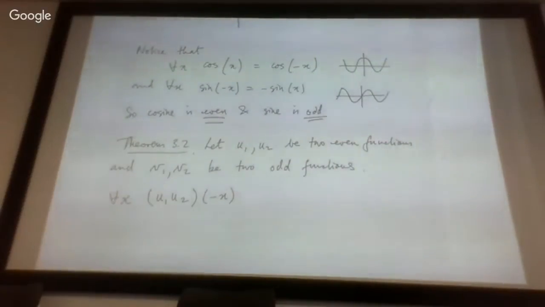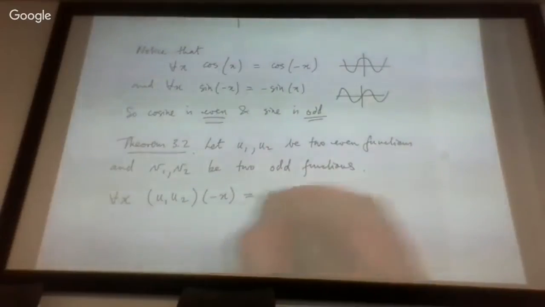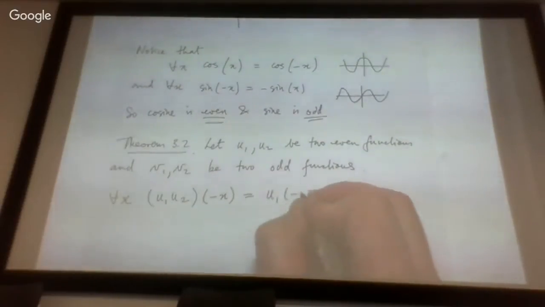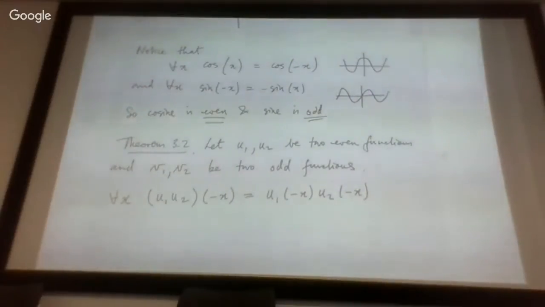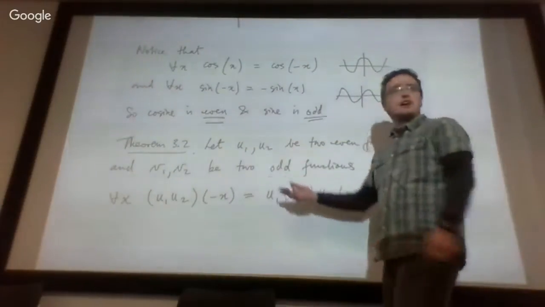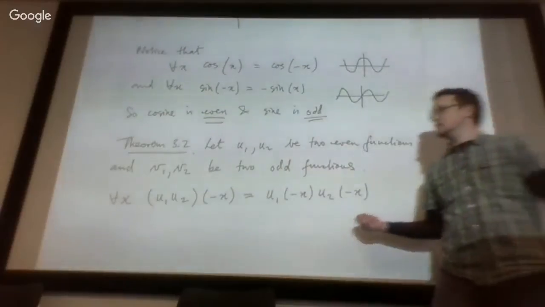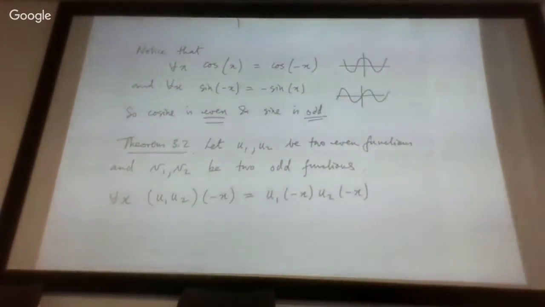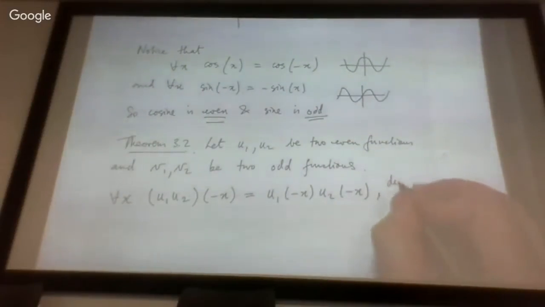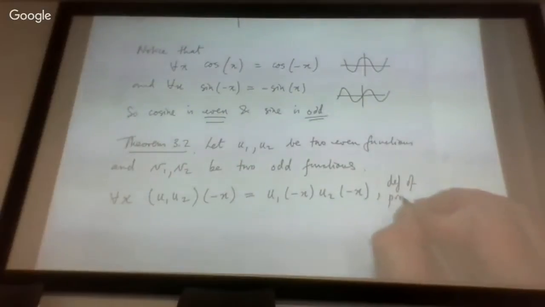What do you get when you evaluate it at minus x? First of all, we apply the definition of what multiplying two functions together means. The product function u1 times u2 evaluated at minus x is the product of the individual values. That's just the definition of product for functions.